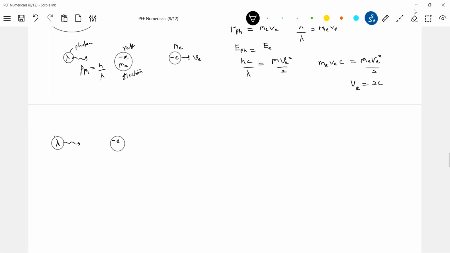Let the momentum of this be h by lambda. This is an electron at rest. After this, the electron will get deflected, and the photon will get deflected.